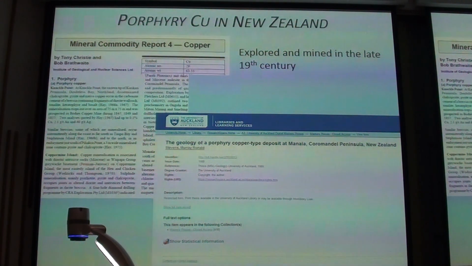And as I mentioned, porphyry systems in New Zealand do occur, as you can see from this report from GNS Science, or also from a master thesis of an Auckland University student.